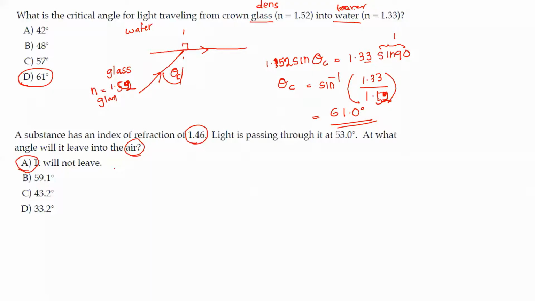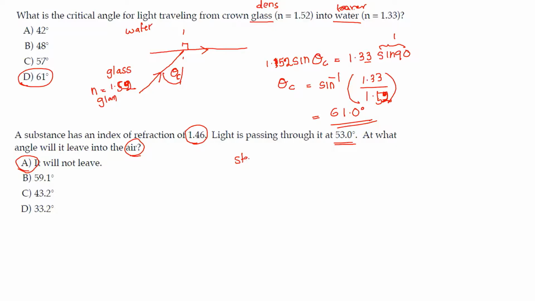Whenever you see that, you have to be careful. You have to check if the incident angle is less than the critical angle. If it is less than the critical angle, then you can apply Snell's law. Otherwise, total internal reflection will happen.